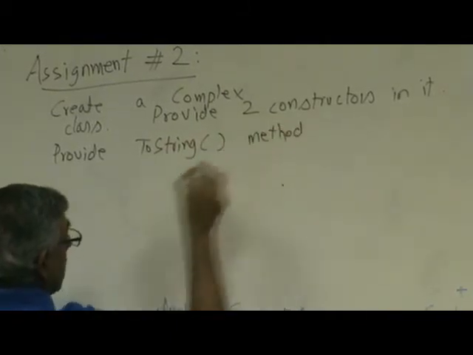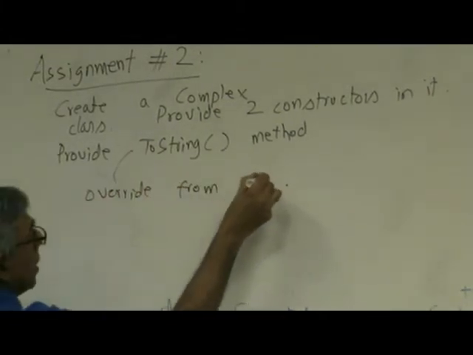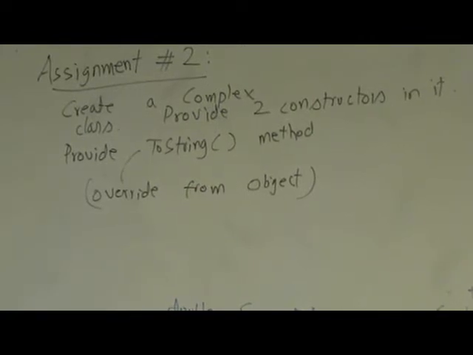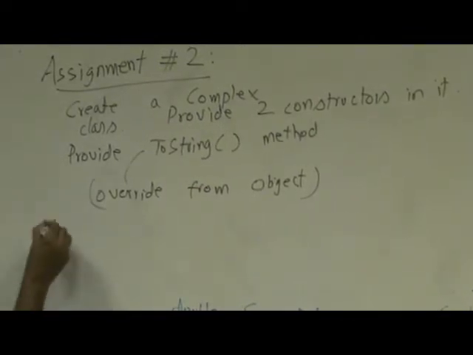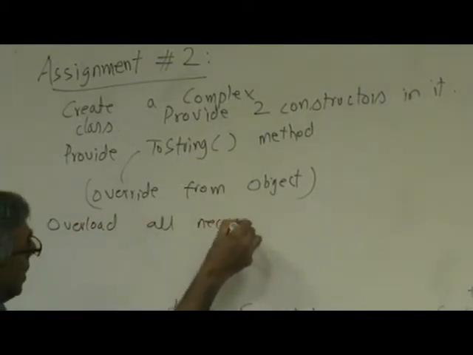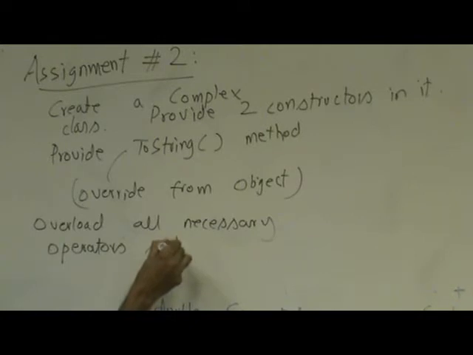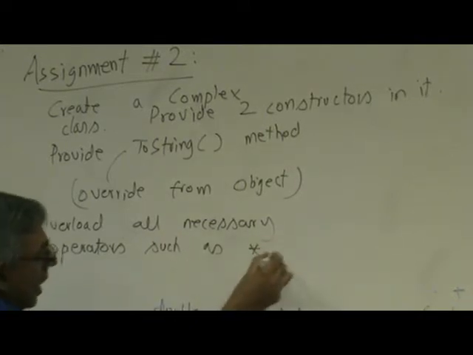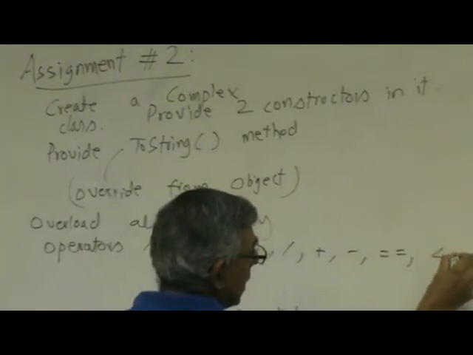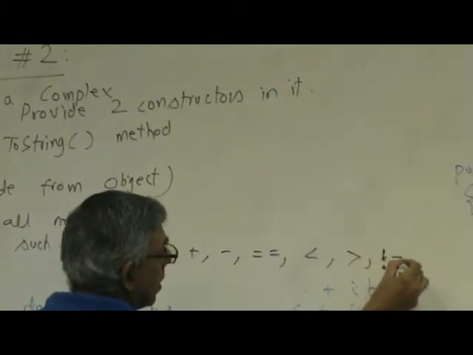Okay, and of course, remember this will be an override from the object class. So you will say public override ToString, just like we've done, right? And then you will overload all necessary operators, such as multiply, divide, plus, minus, equal to, less than, greater than, not equal to.